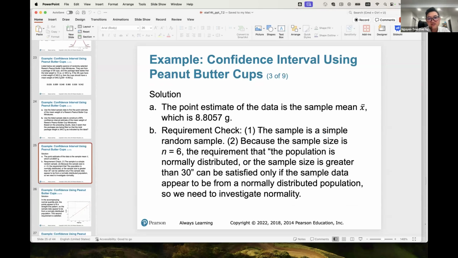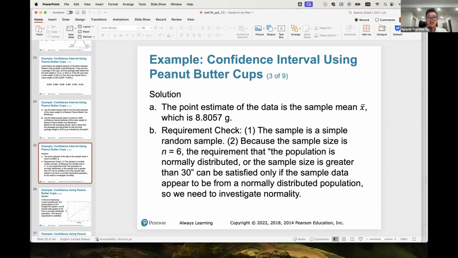And then the requirement checks. This is the first step to build the confidence interval. We check whether the sample is a simple random sample, and yes. The second requirement: the sample size is n equals 6, so the population must be normally distributed, or the sample size must be greater than 30. This can be satisfied only if the sample data appear to be from a normally distributed population.